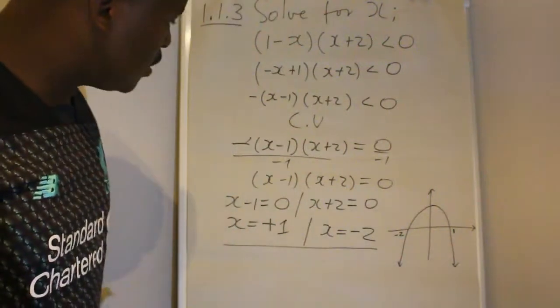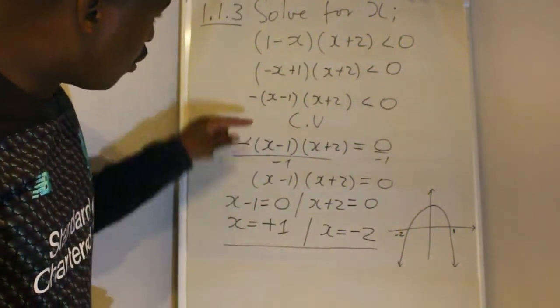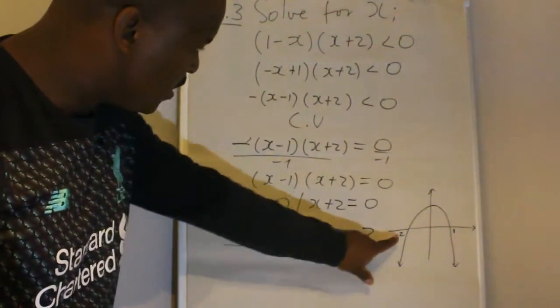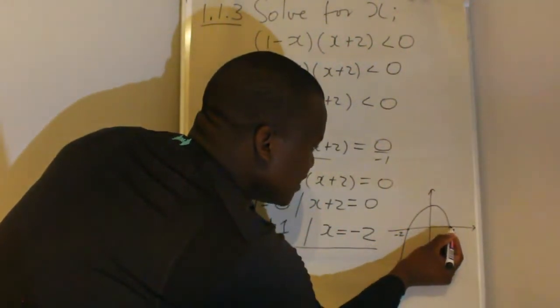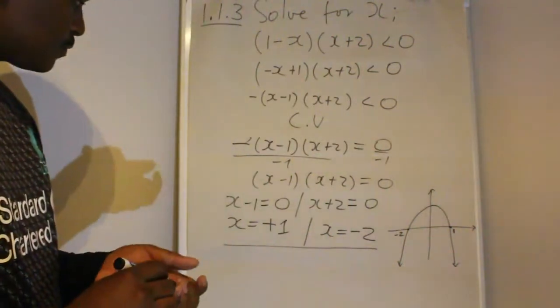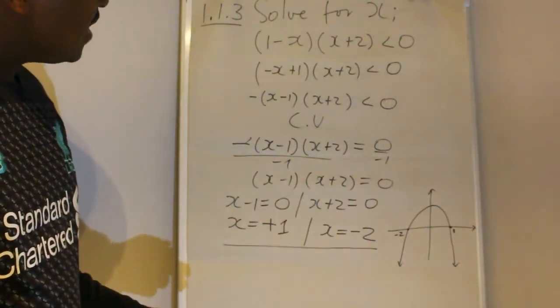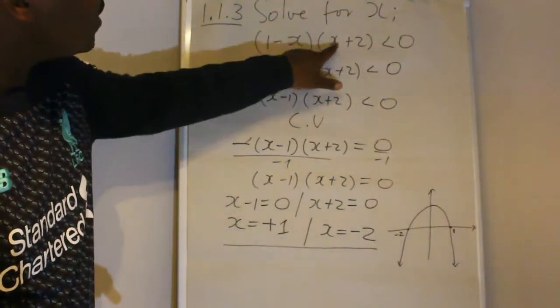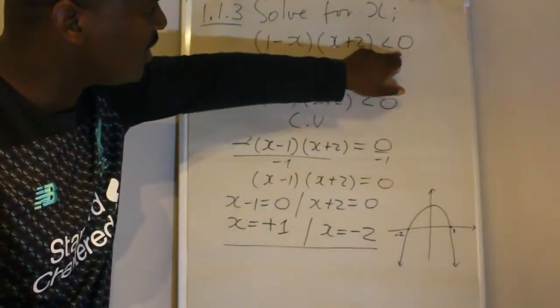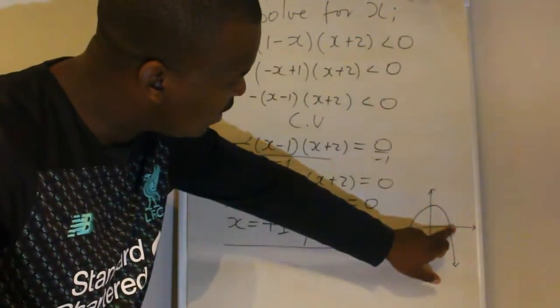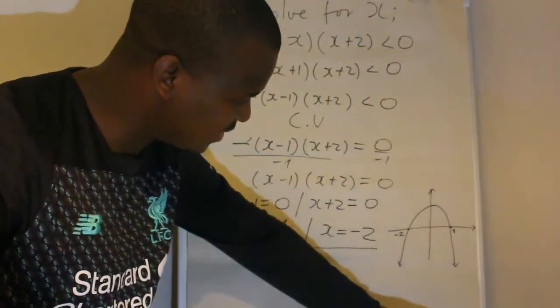So this is how your graph looks. Your negative 2 is here, that is your critical value, and your 1 is there, that is your critical value. They are saying find where this graph is negative, less than 0. So where is it negative? Here, which is below the x-axis.